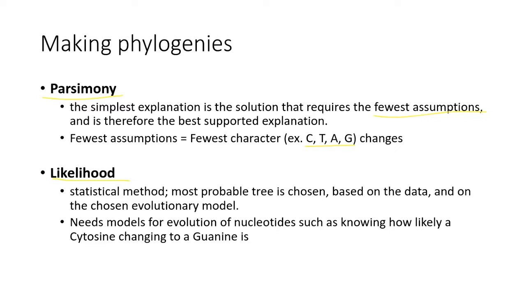And likelihood is a statistical method. It uses a mathematical model that considers the statistical chance of, let's say, cytosine changing to guanine. They're both pyrimidines, so they can change from one to another easily, but it's not that likely that cytosine is going to change to adenine.